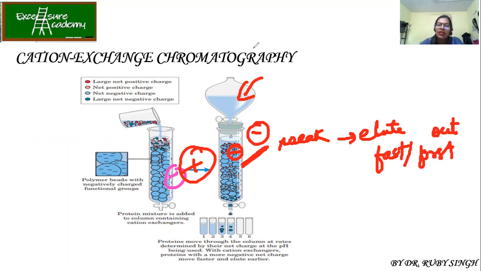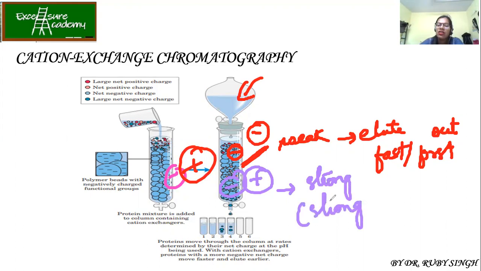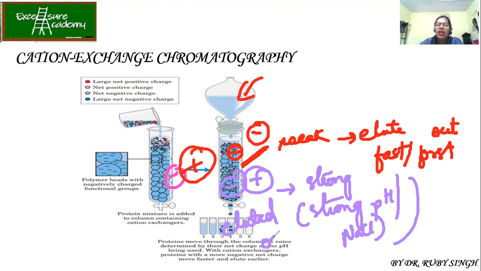Now if the protein is positively charged, it will be bound to the negative matrix, and hence the interaction is going to be very strong. So I need strong pH or salt in order to break this ionic interaction, and hence it will be eluted out last.